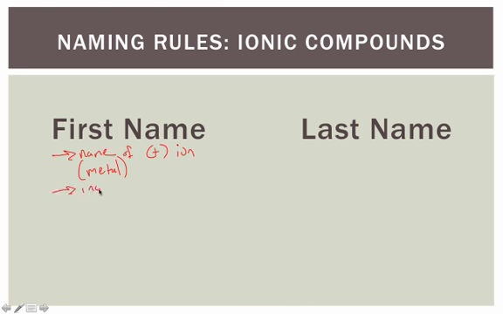The only thing you have to worry about is sometimes you need to also include a Roman numeral if your positive ion is listed as having more than one charge.